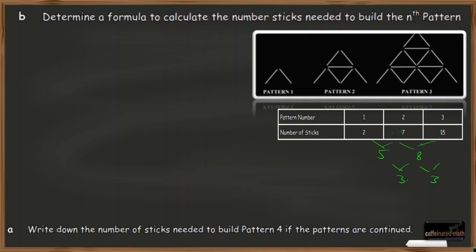So this must be none other than a quadratic formula, which means 15 plus 11 will have 26 over there. So write down the number of sticks needed to build pattern 4 if the patterns are continued. And as we can see over here, that needs to be 26 sticks needed to build that.